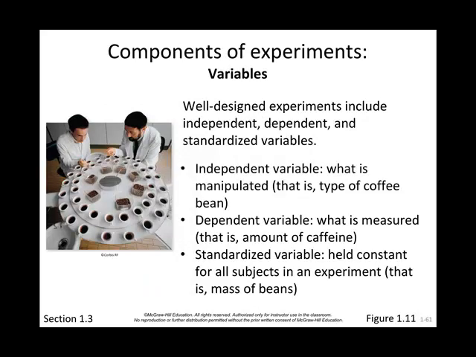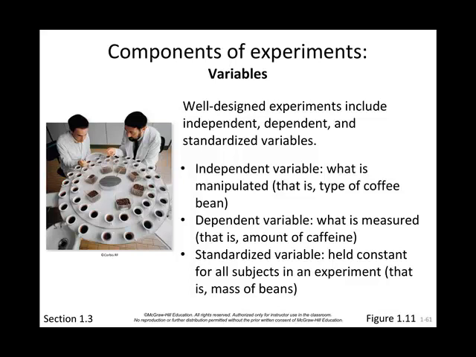In controlled experiments, you have variables such as independent, dependent, and standardized variables. In this picture shown, the investigators could be trying to figure out which type of coffee bean has the most caffeine. In this case, the independent variable would be the different kinds of coffee beans you're using, because you as the scientist are selecting or manipulating this variable.